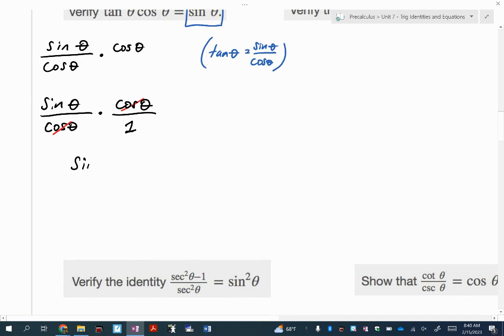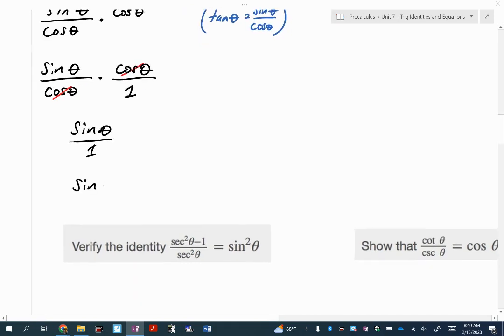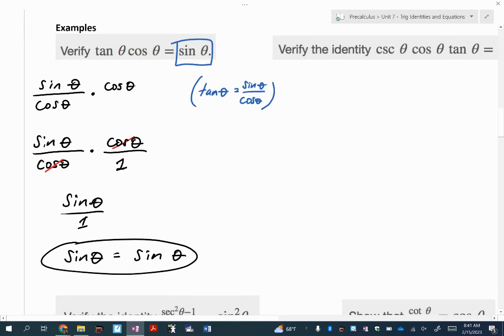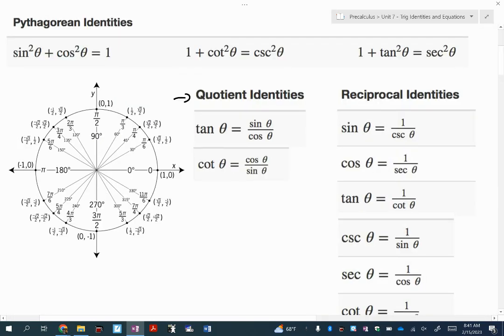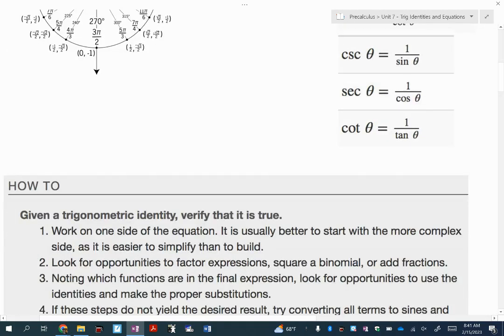So now I have sine of theta over 1, which is just the sine of theta. Remember, I wanted it to be equal to sine of theta. So really this question came down to understanding one identity, the tangent of theta equals sine of theta over cosine of theta, one of our quotient identities.